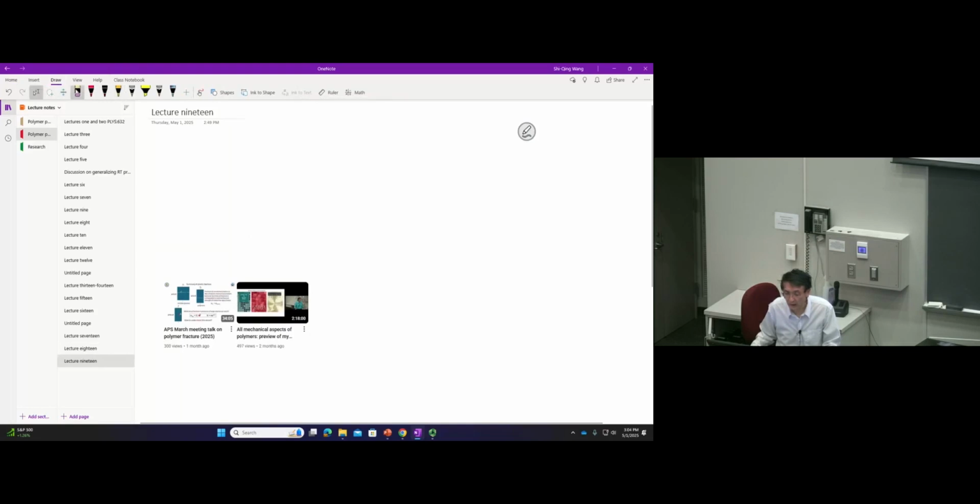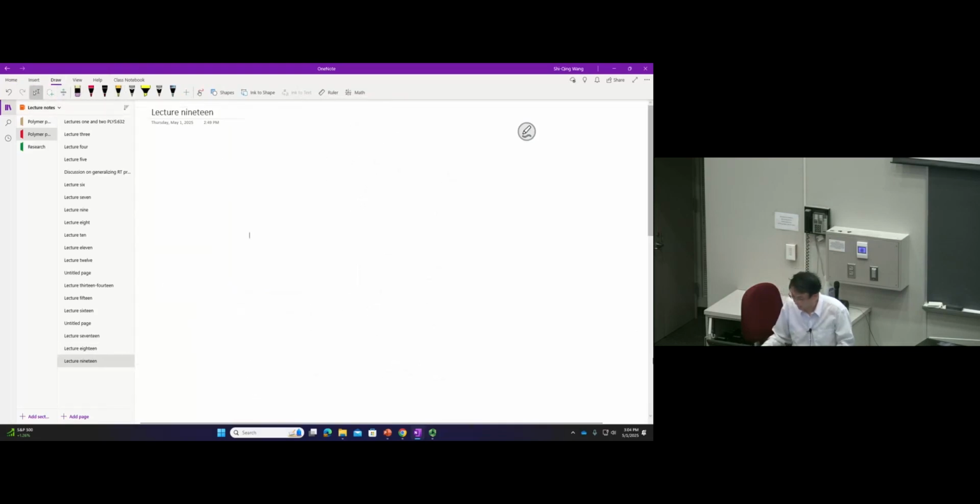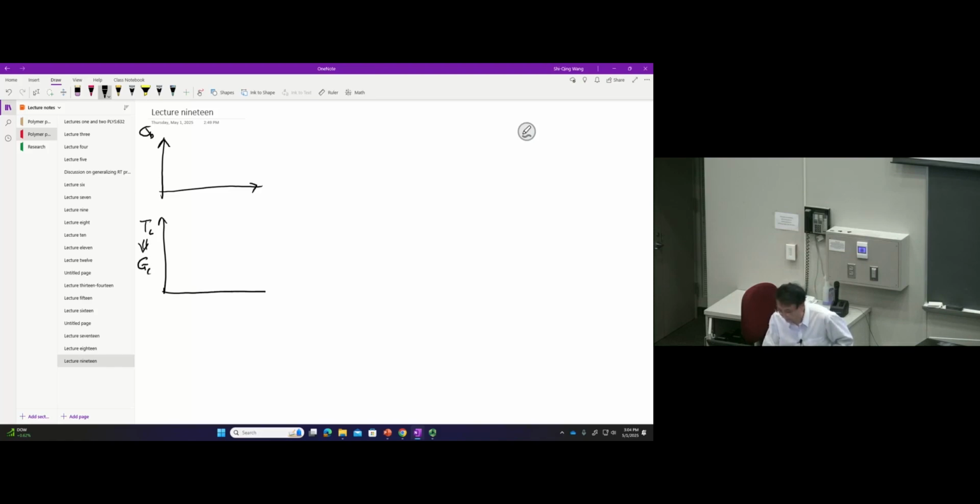So let me try to do that by really reminding you that we have in the literature for nearly 70 years, either the nominal so-called tensile strength or the so-called tear strength, which is the same as it's all inspired by Griffith's energy release rate anyway.